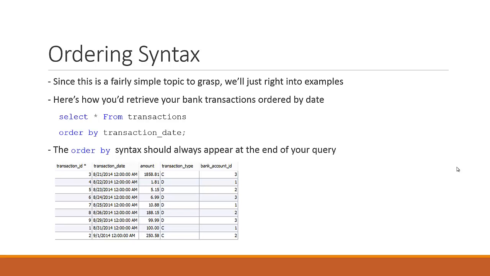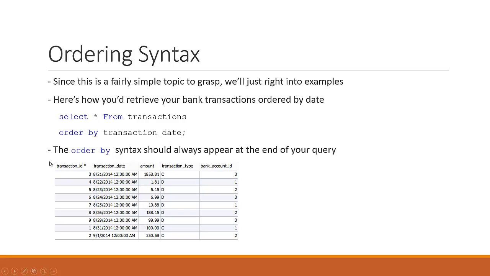So this is how you do it. You would say select star from transactions, and then just say order by transaction date. You pick the column that you want to order by, and you put that in the list of columns in the order by line. Again, this doesn't have to be on a different line; it could be up here on the same line if you wish. SQL doesn't care about line breaks. All it cares about is the terminating mark, which is the semicolon.